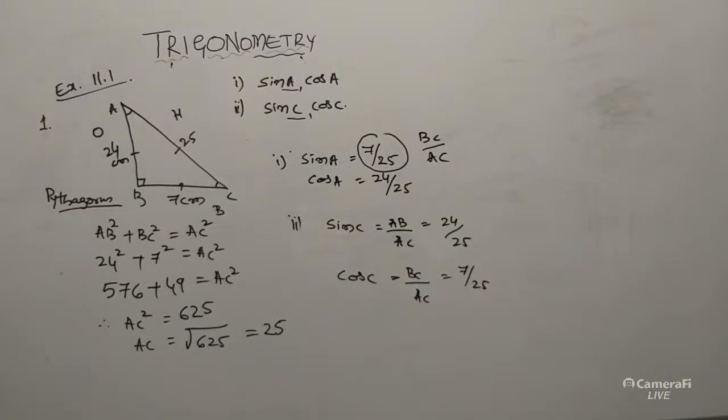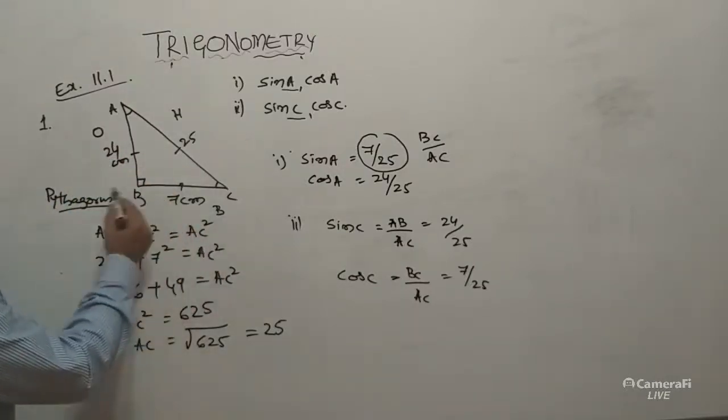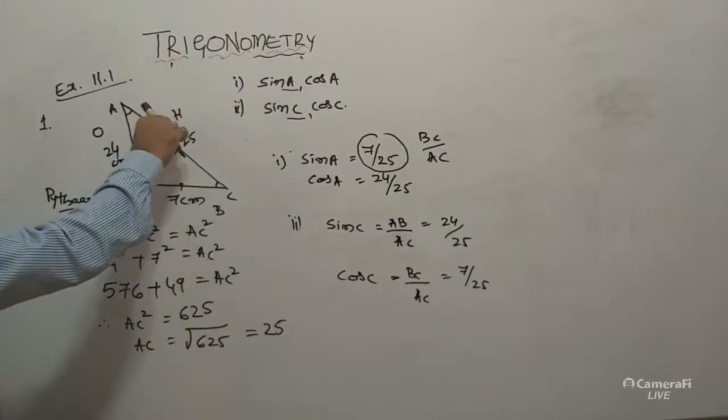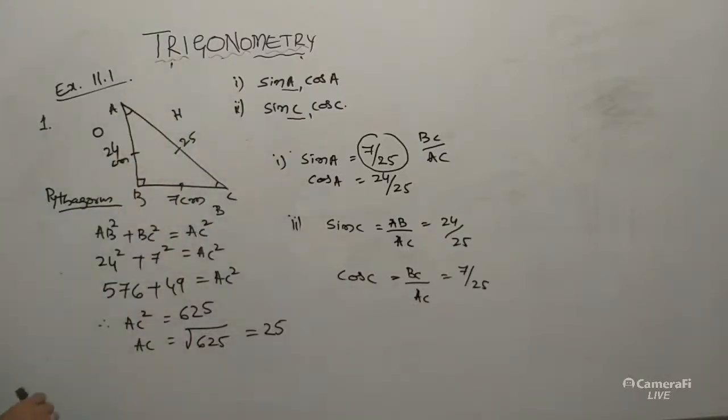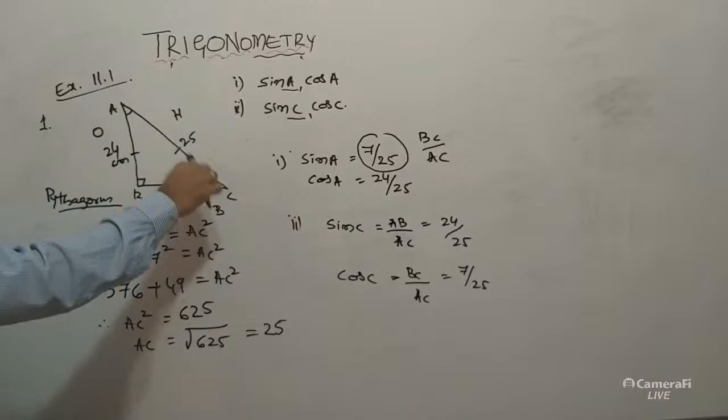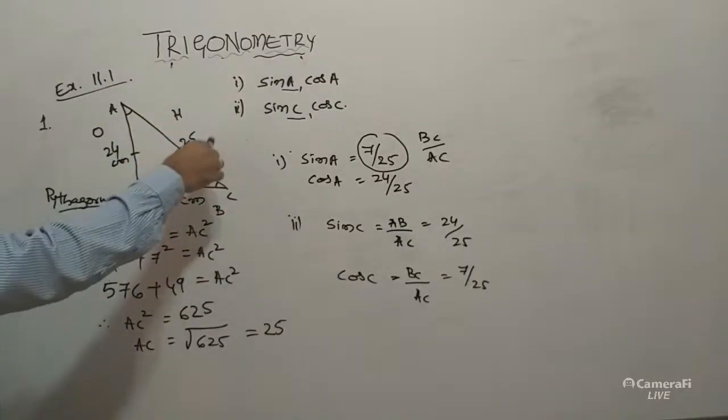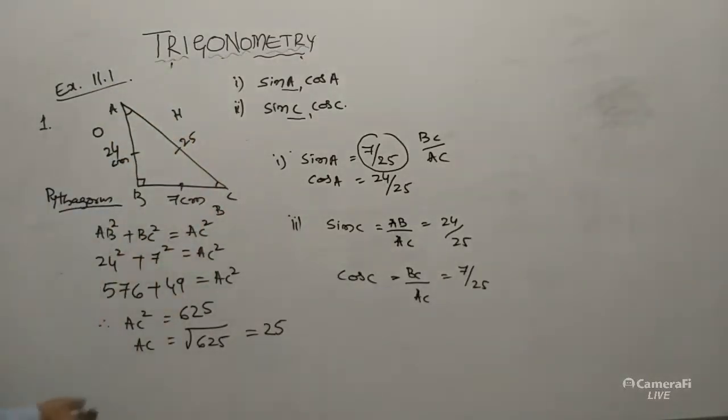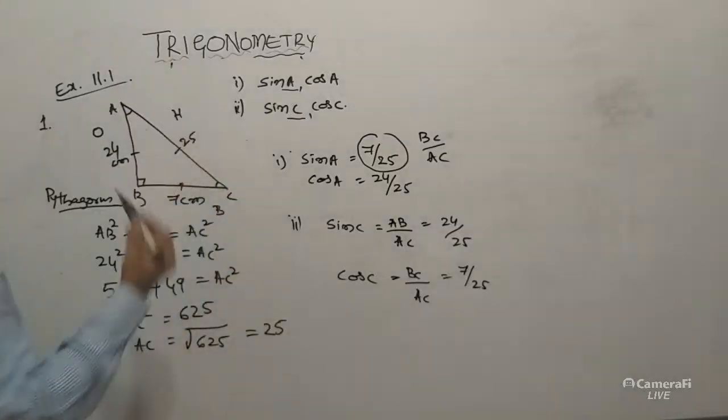As you know, the sum of the squares of the two sides of the triangle is equal to the square of its longest side, named the hypotenuse. So here AB square plus BC square is equal to AC square. Using this formula it is easy to calculate the unknown side, because two sides are given. The third side, which is not given, will be calculated using this condition.